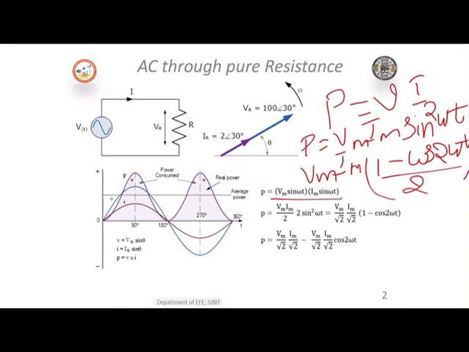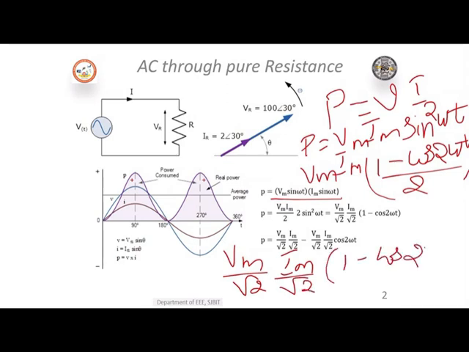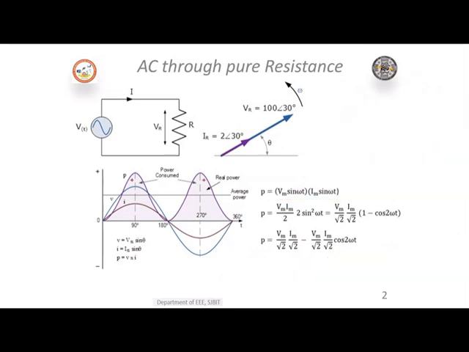The 1 by 2 we can write as Vm by root 2 into Im by root 2, and the leftover will be 1 minus cos 2 omega t. We know that the maximum value by root 2 is nothing but the RMS value. So we can replace Vm by root 2 and Im by root 2 by Vrms into Irms, into 1 minus cos 2 omega t.